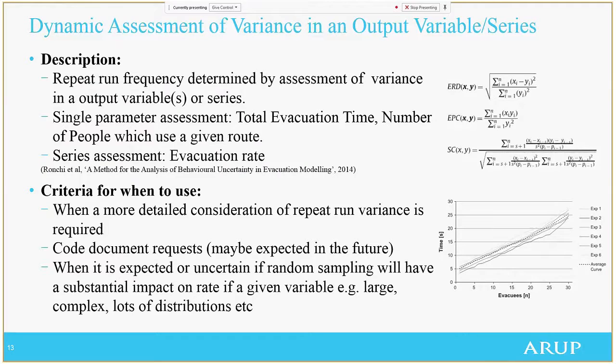The next method is a dynamic assessment of variance in an output variable or series. This method effectively keeps running repeat runs of a simulation, and then it assesses the variance in an output variable or series from the simulation and then compares it to a summarized value.